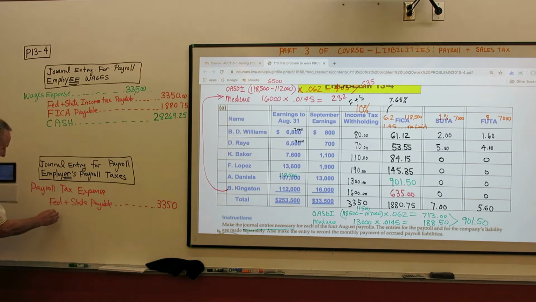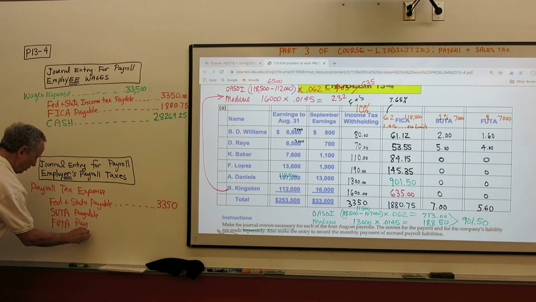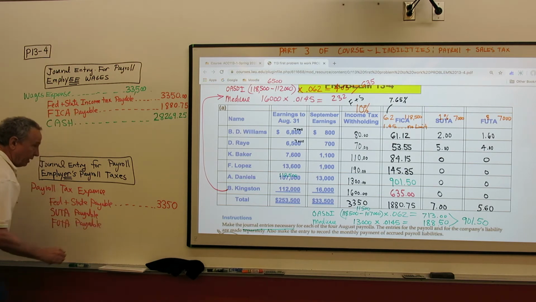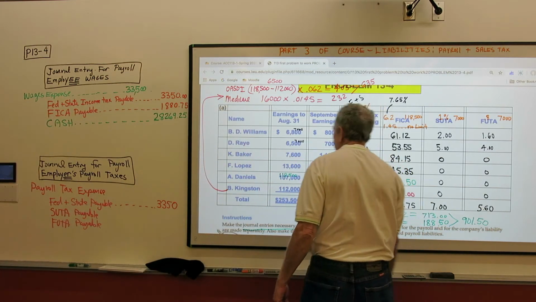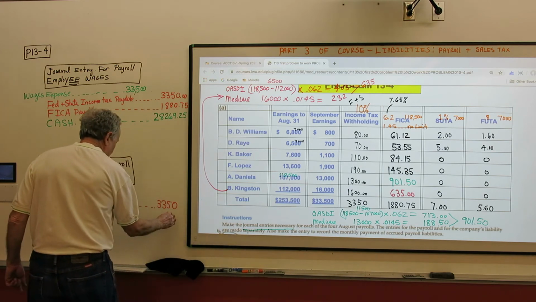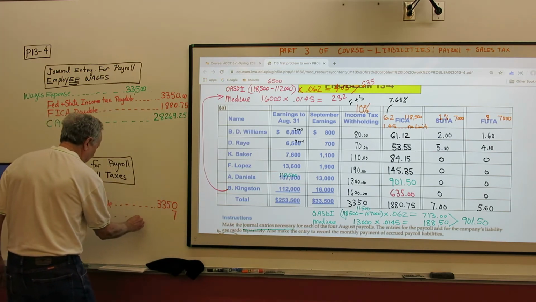Then we're going to have to pay SUTA payable, and FUTA payable. And those are $7 and $5.60. So I'll put $7, and I hope I got the right one there.